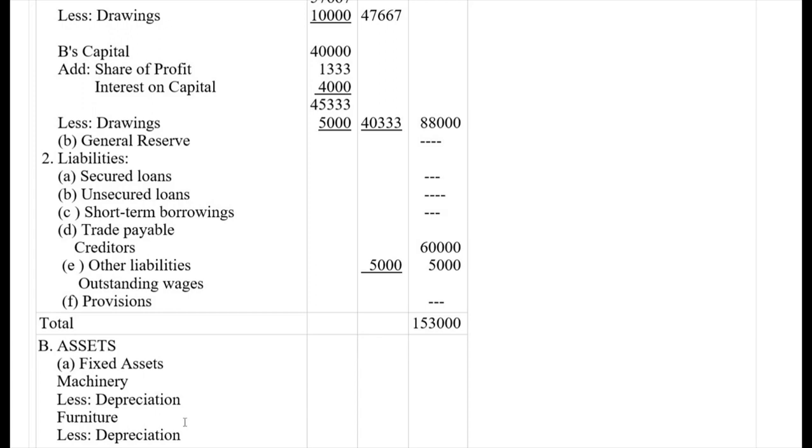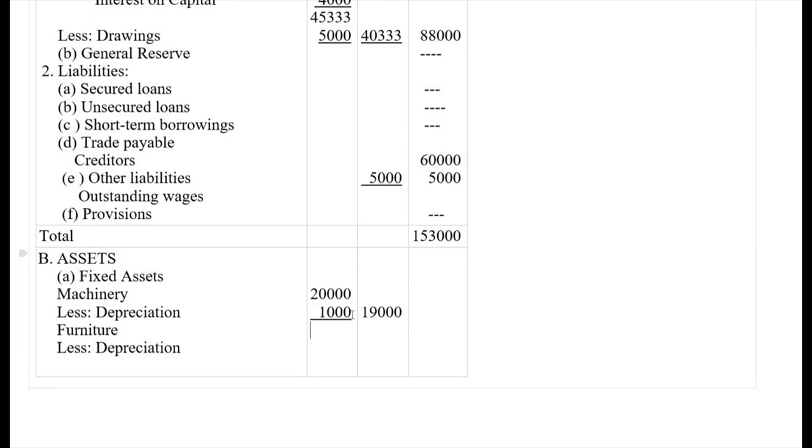So machinery, which is given in the problem as rupees 20,000, so 20,000 less 1,000, so let me underline here. The difference we shall take here as 19,000. Then similarly furniture balance, which is given in the problem as rupees 10,000.